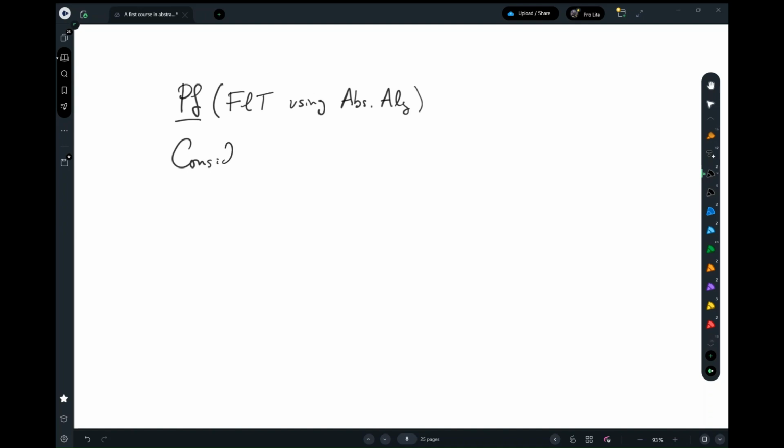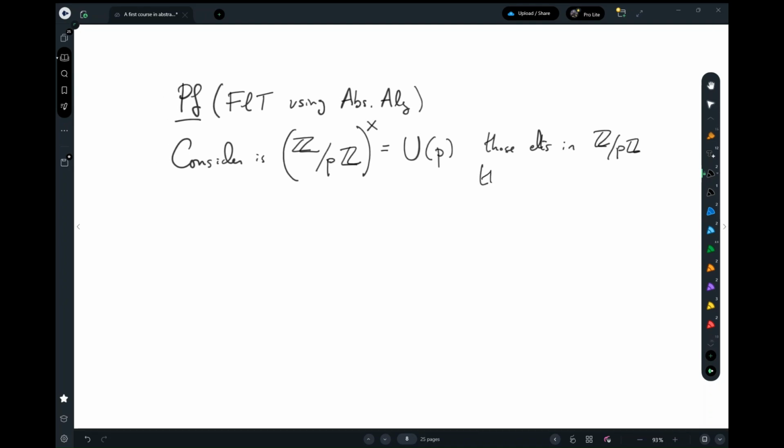So what I'm going to consider is the group Z modulo pZ, but not under addition. I'm going to take those elements that have multiplicative inverses, what we called U of p, which are those elements in Z modulo pZ that have multiplicative inverses.